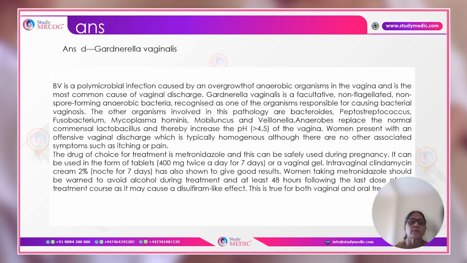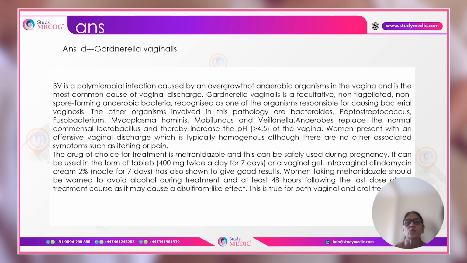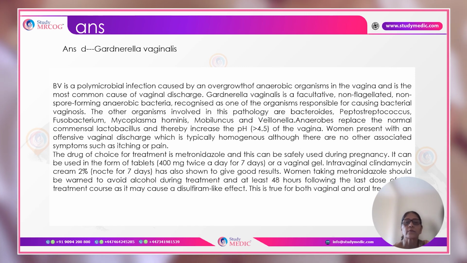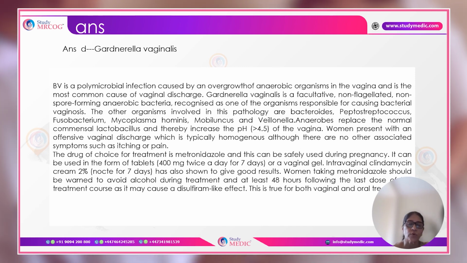There is destruction of the normal vaginal flora, and that is why these pathologic organisms grow here. Because the lactobacilli are destroyed, the pH of the vagina increases, and in bacterial vaginosis it is normally more than 4.5.